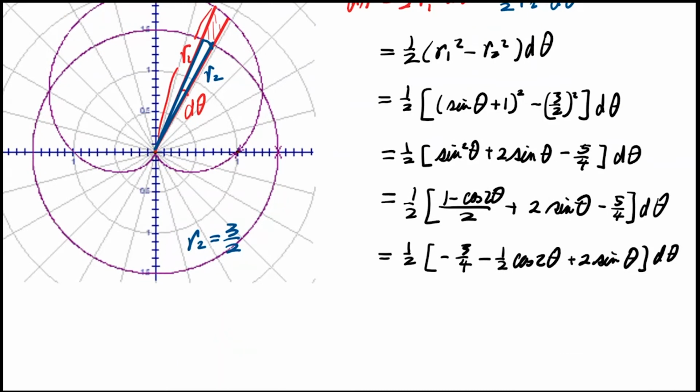Okay, let's integrate. So our A is, from what to what? What is this angle? Actually, I regret changing the color. I'll still go with black.